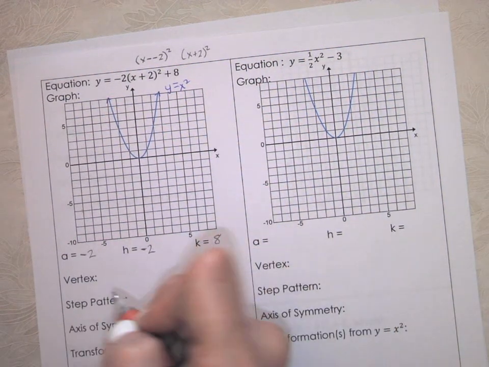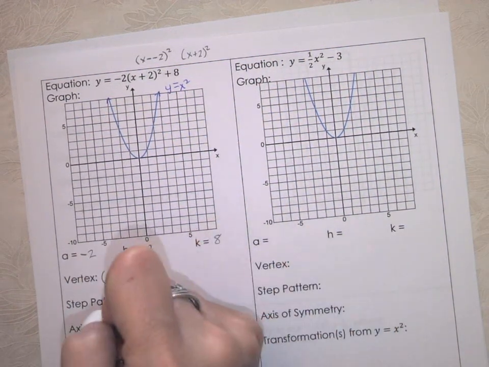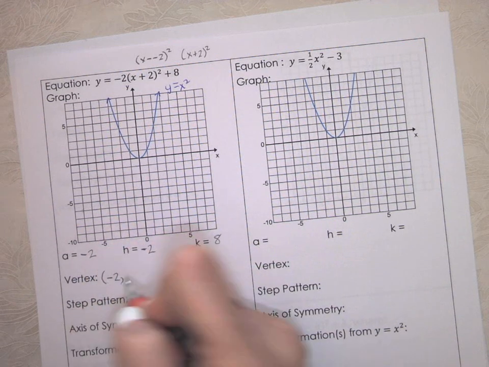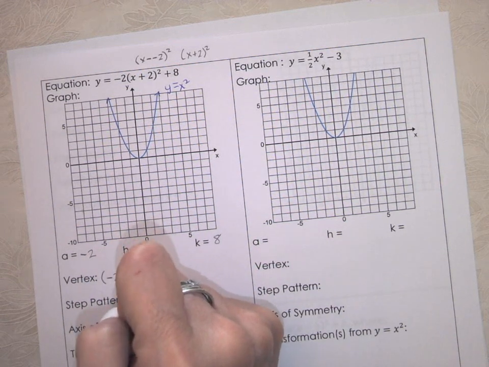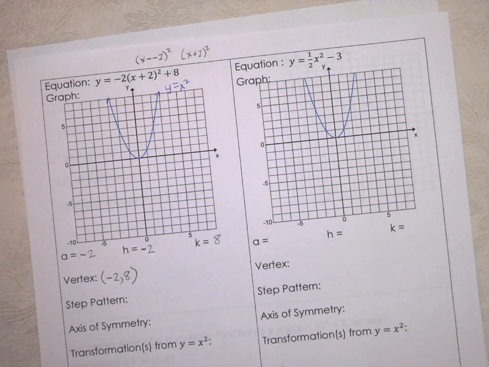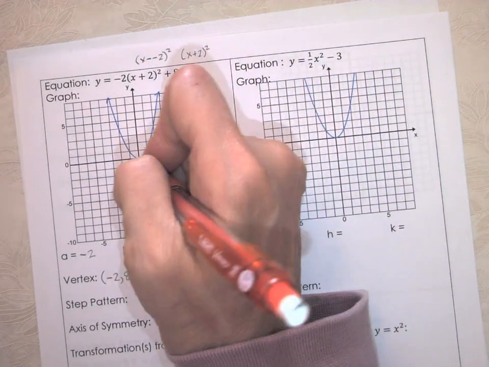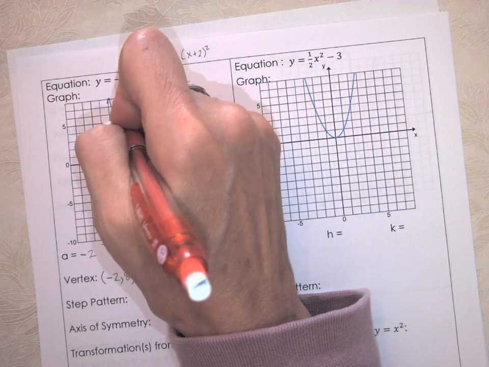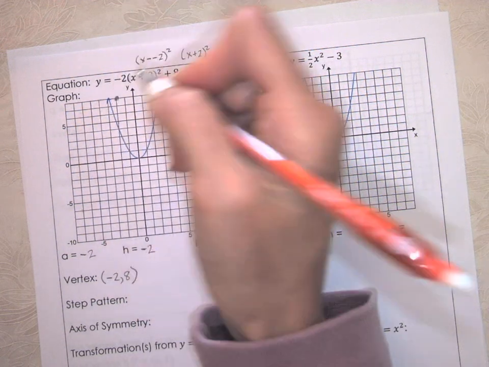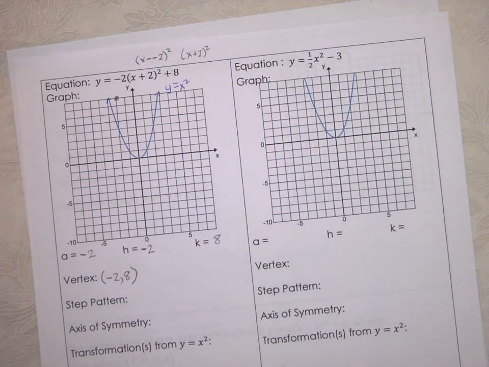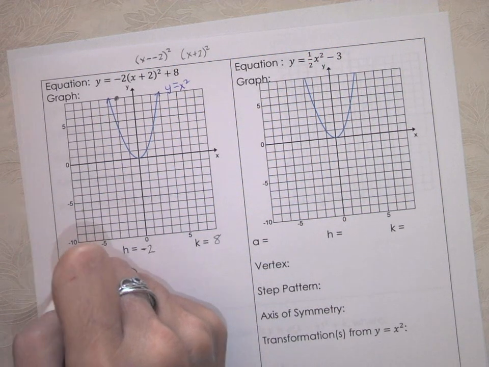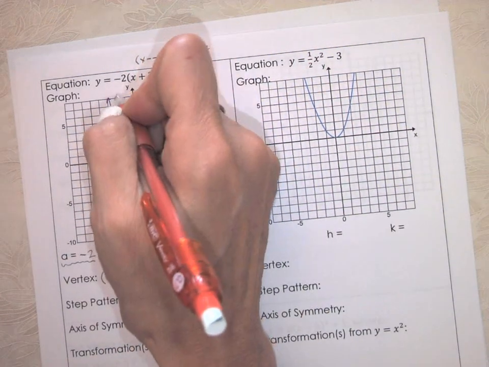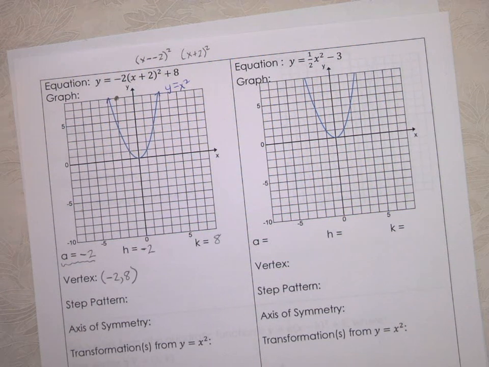So our vertex, again, vertex form means our vertex is (h, k). And so we can plot that onto our graph. So our new vertex is at (-2, 8), right up at the top here. And then our step pattern is based on our a value. So we can see our a value is negative, so we know our parabola is going to be opening downward.